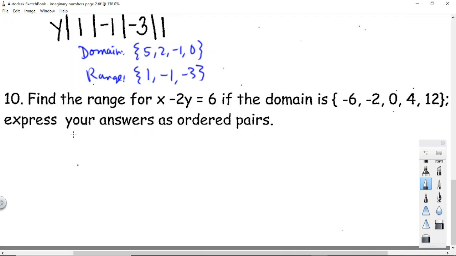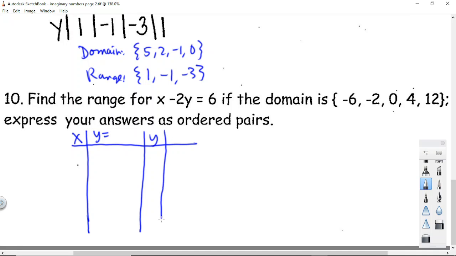So we can make a table where we will put all of our x's in that column. We'll have another column to do our calculation, but we don't have that rule yet. We will get it. Another column for the y that we calculate, and another column for the ordered pairs.